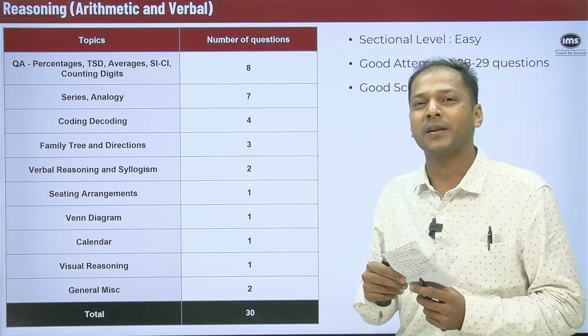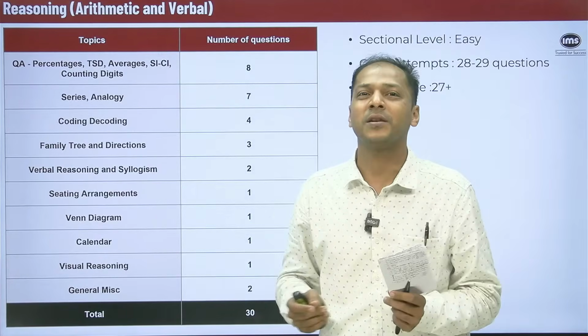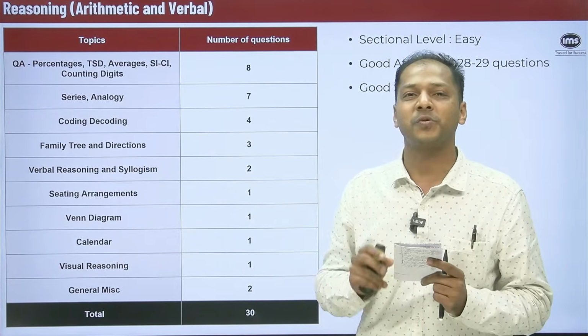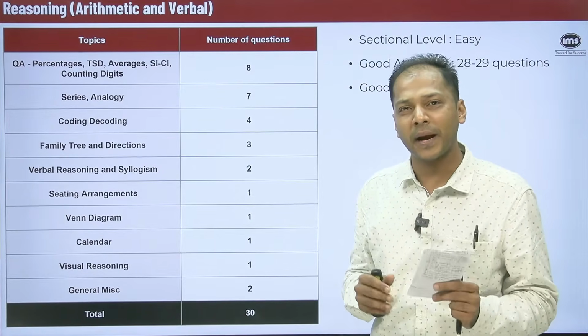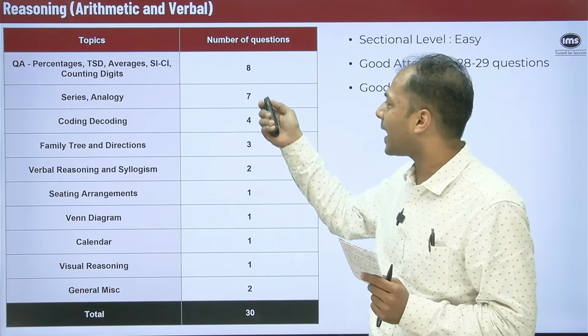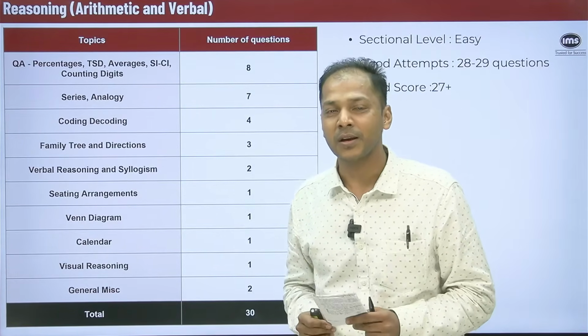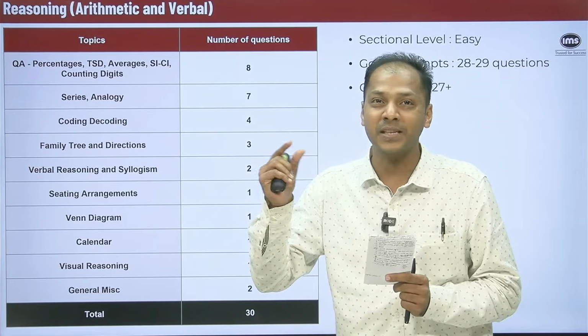For example, a question had, if I were writing 3,000 digits, how many page numbers will I be able to write, or something like that. That question was very difficult. Apart from that, the QA questions were quite manageable. If you prepared for QA, generally out of the 8 questions of QA, you could have managed around 6 to 7 questions.